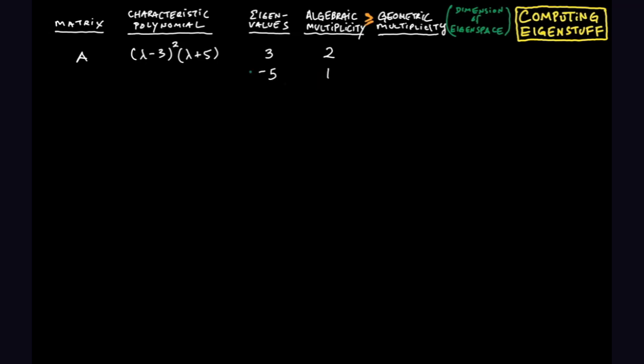For example, consider our eigenvalue -5. Its algebraic multiplicity is 1, so its geometric multiplicity can be no more than 1. That is, the eigenspace associated with -5 can be no more than one-dimensional. But of course, we also know that every eigenspace is at least one-dimensional. A zero-dimensional eigenspace doesn't even make any sense.